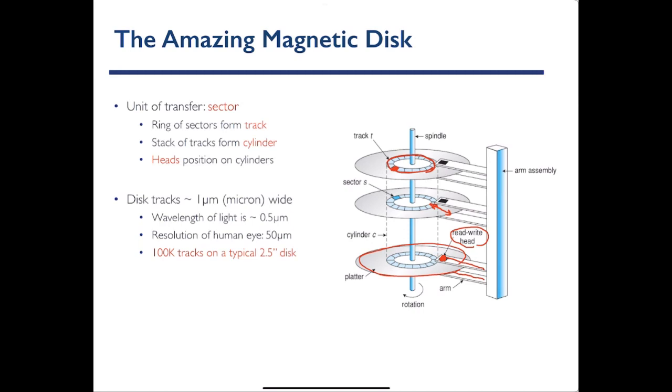That's how thin each track is. In a typical 2.5-inch disk, you have more than 100K tracks. So these are really, really thin tracks.